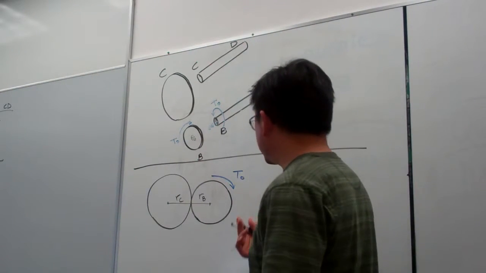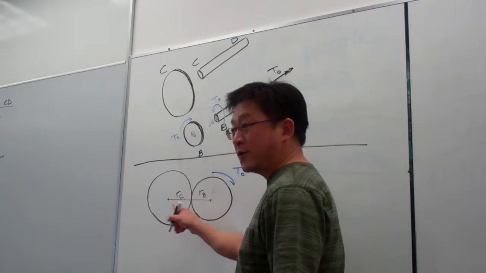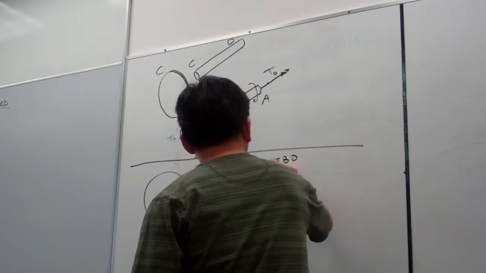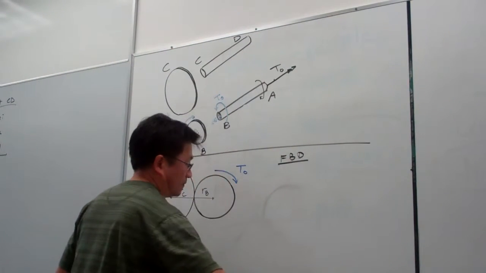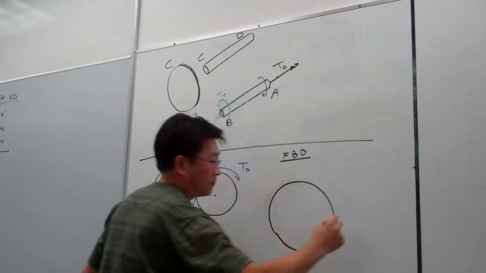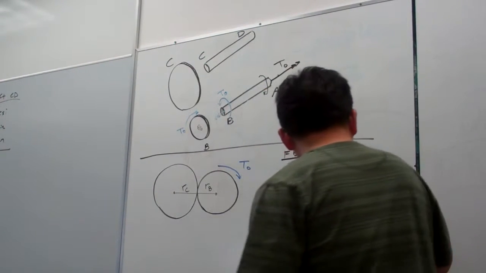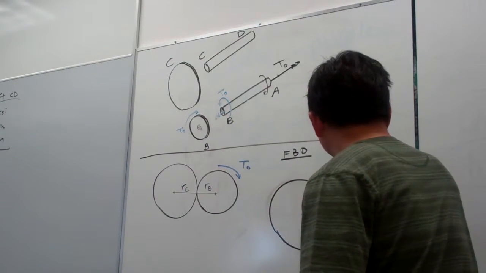And to get into details, let me take the free body diagram of what's going on here. So take the free body diagrams of each gear. So one gear. Okay, so this is gear RB, radius, and this is RC.